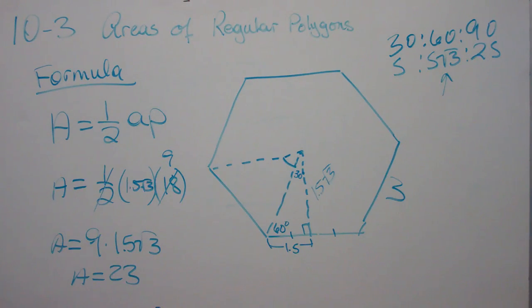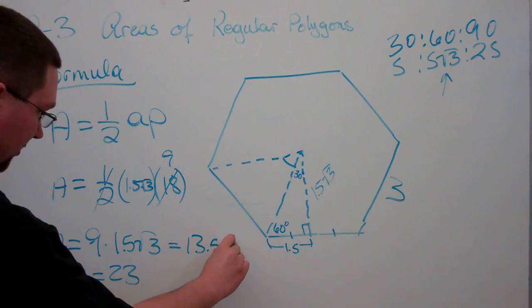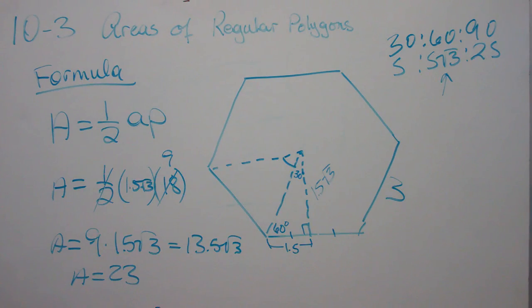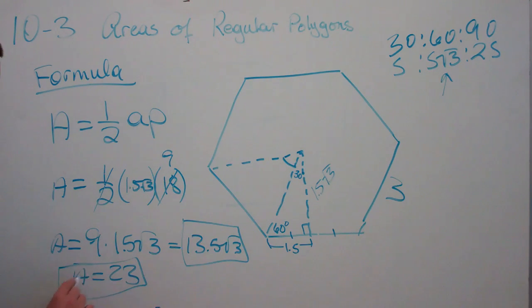I don't have a calculator with me or I'd do it. But you can also leave it in simplest radical form, and that would be 13.5 times the square root of 3. I would prefer you leave it in simplest radical form because it's more accurate.